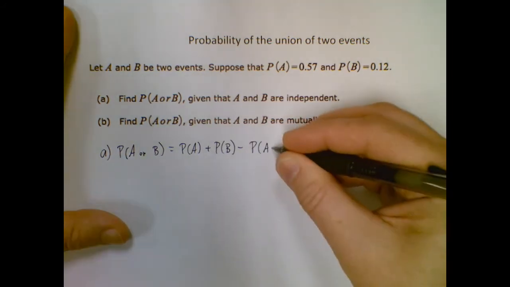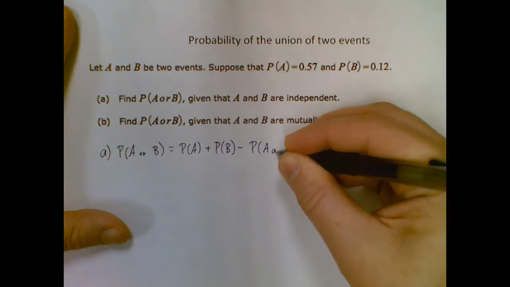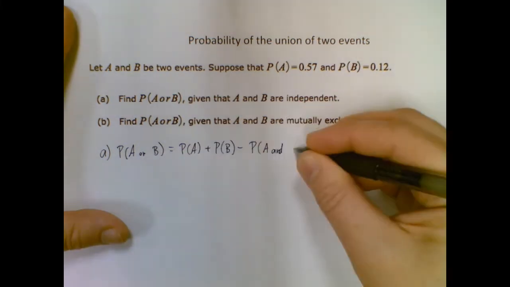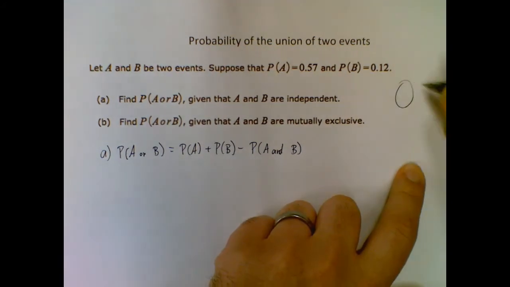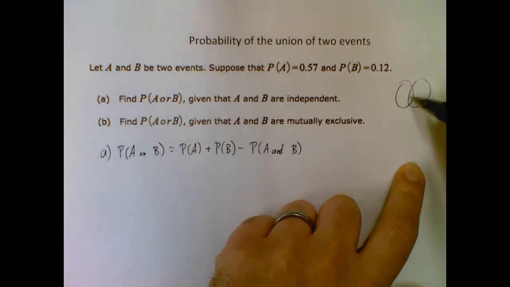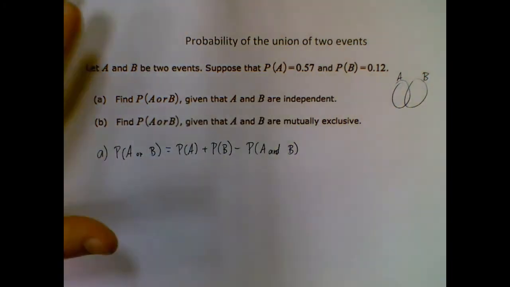So this is where we use or, we'll write and here. Or if you think about it in Venn diagram terms, the probability of something happening is the probability of the entire first circle plus the probability of this second circle minus this overlap, because you count it twice. You count it when you counted A and B. So I have to take one of those off so I don't double count that middle.